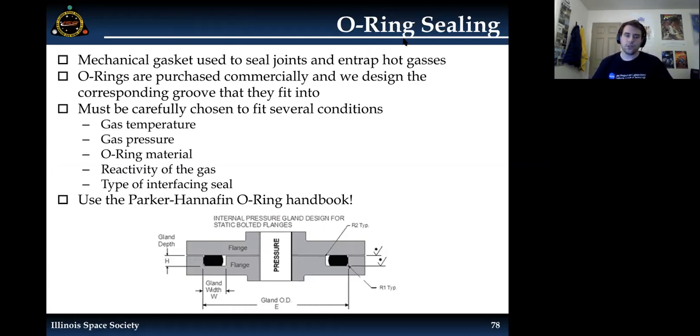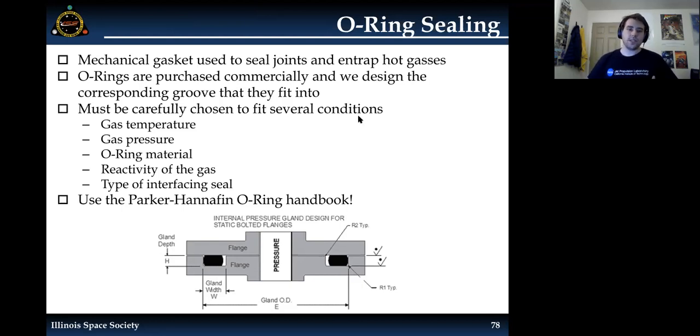So the O-ring that we choose, we have to choose it based on several different conditions, and these include the temperature and pressure of the gas that it'll interact with, the material of that O-ring, and then how the gas and that O-ring may react when they come into contact with each other, and also the type of interfacing seal.